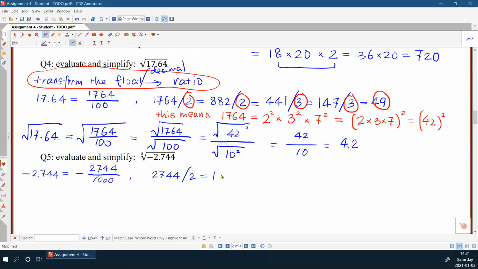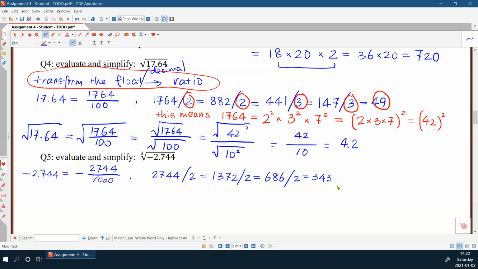This gives you 1372. 1372 can also be divided by 2, which gives you 686. 686 again can be divided by 2, gives you 343, right? 343 can be divided by 3, which gives you 1. Oh, sorry, cannot be divided by 3.